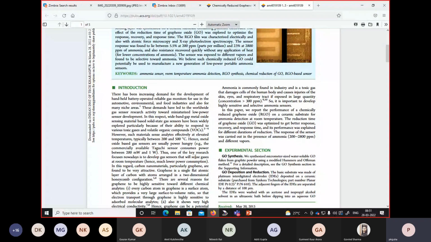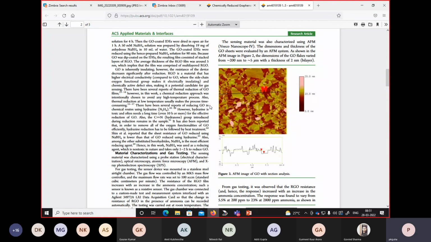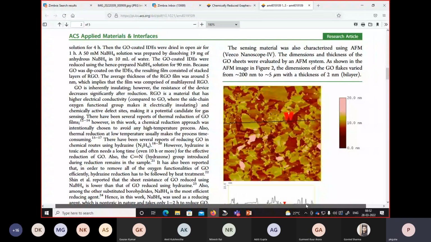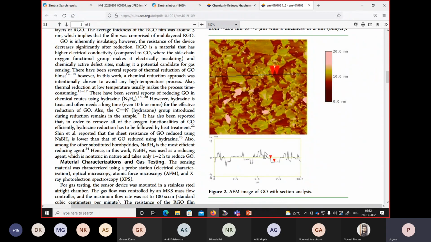Yeah, so this paper, so you see this is an AFM image. So AFM image looks like this. This is a particular image of graphene oxide flakes, and you basically scan.